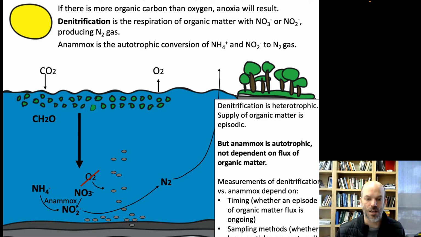So even in areas of the ocean that are not very productive, where you don't have much phytoplankton or much fish, you can still get anammox carrying on at very similar rates. That means that if you happen to do your study in a location and a time where you have a big export of carbon from the surface, then you will probably measure a lot of denitrification because denitrification is stimulated by that activity. Anammox will be relatively constant and could be swamped out in that particular time by the denitrification.